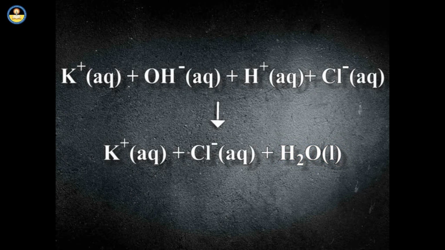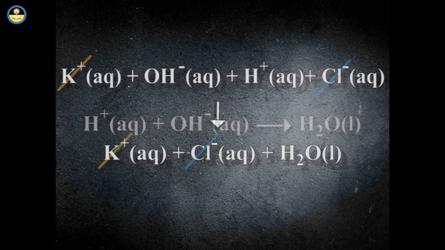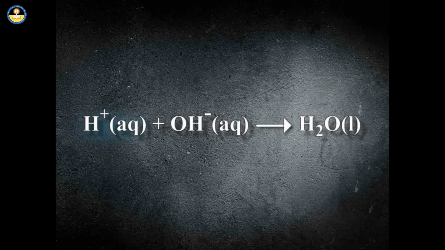On cancelling out the common factors of K⁺(aq) and Cl⁻(aq) on both sides of the equation, the new ionic equation becomes H⁺(aq) + OH⁻(aq) gives H₂O(l).